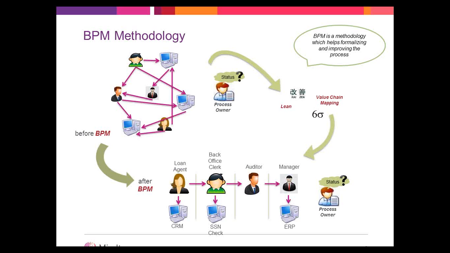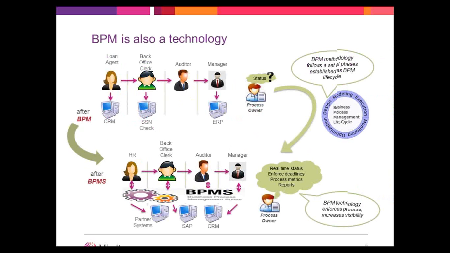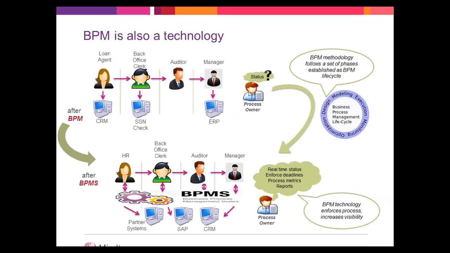But how does it help? Do you think the process owner can get visibility, and can he get a loan application saved in real time? Probably not. So we have to take a peek into BPM's technology. Today, technologies in terms of BPM suites exist, wherein a formalized process can be automated.